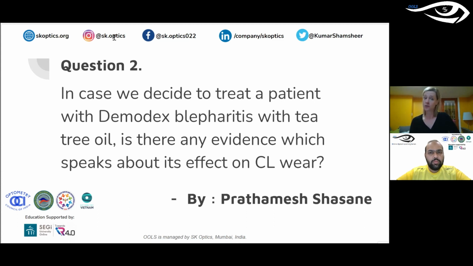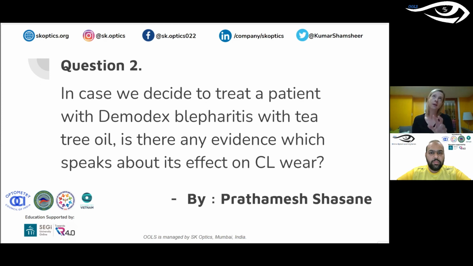But would I use tea tree oil if I saw Demodex in a contact lens patient? Sure, why not? If the Demodex numbers are looking too high, we want to reduce that. And one thing I will say is there is an association in a couple of studies with presence of Demodex being higher in contact lens wearers. We don't know why yet, but that's been found.